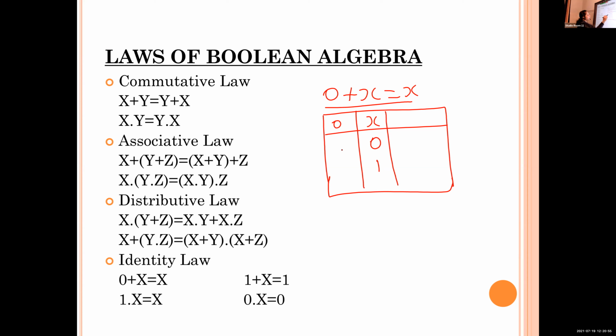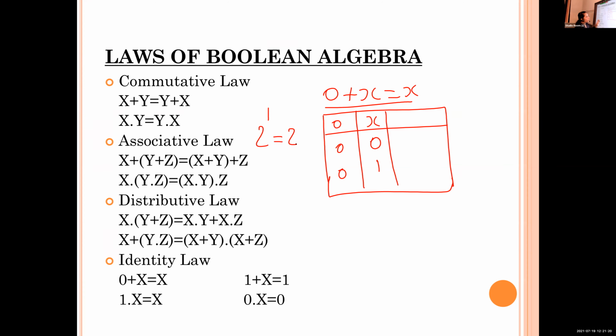Then we are using 0 for both these inputs. Since we are using only one variable, 2 raised to 1 is 2, which means for X we are giving two inputs, 0 and 1, and we are adding 0 with these two inputs, that is 0, 0 and 0, 1.